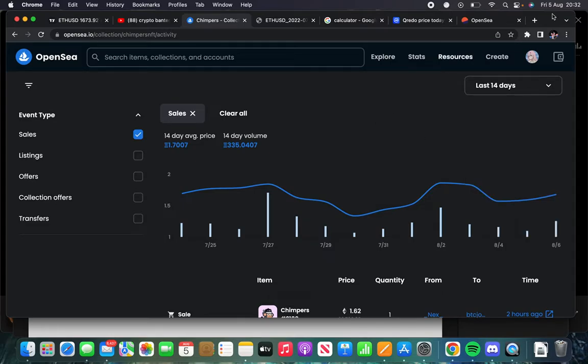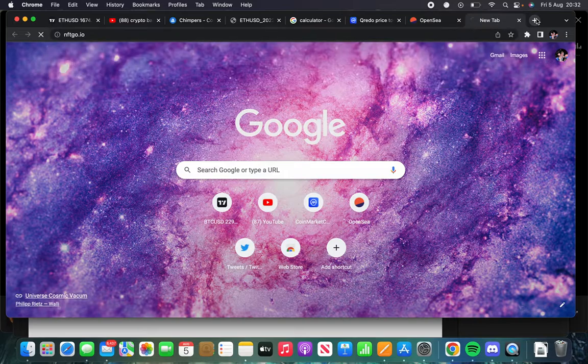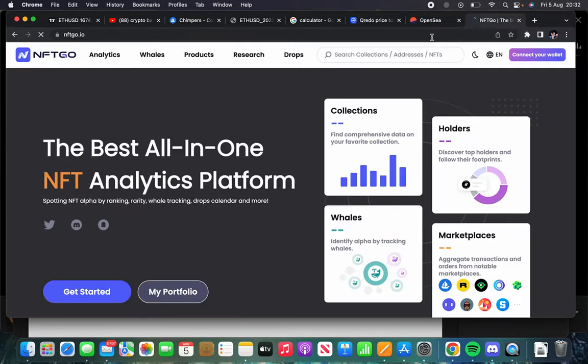A good entry. Maybe I'd have to go to a different site. Hold on. Because obviously that just shows the average price.